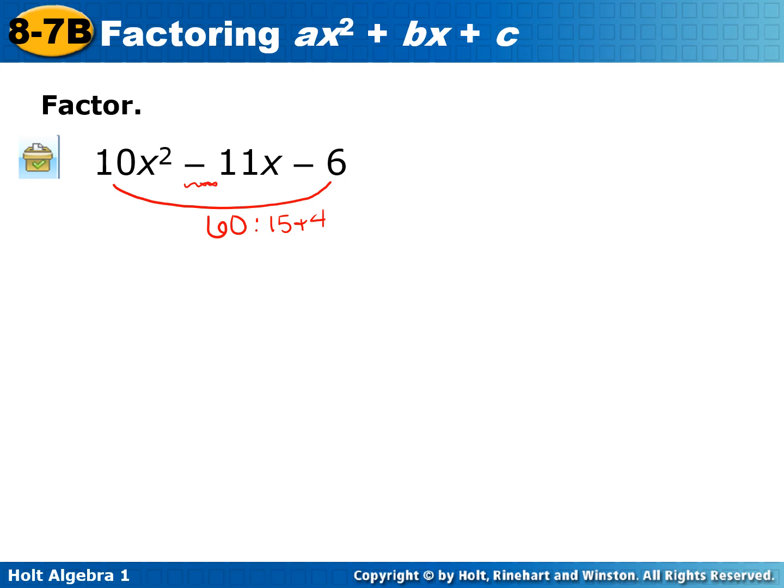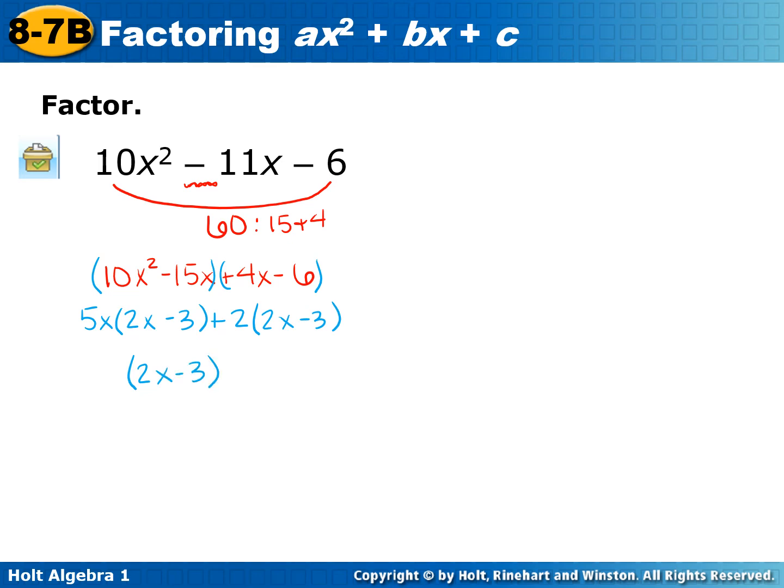And since B is negative, the 15 will get the negative. 10x squared minus 15x plus 4x minus 6. And now that I have a 4-term polynomial, I can group and factor. I'm going to take out a 5x, and I'm left with 2x minus 3. This one I'm also going to take out a 2, and I'm left with 2x minus 3. They have a 2x minus 3 in common, and I'm left with a 5x plus 2.